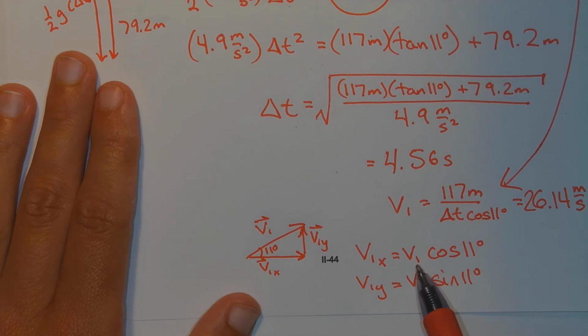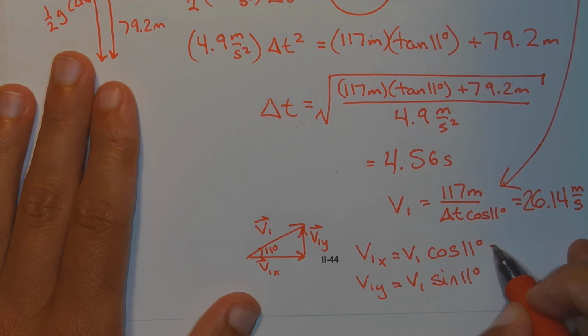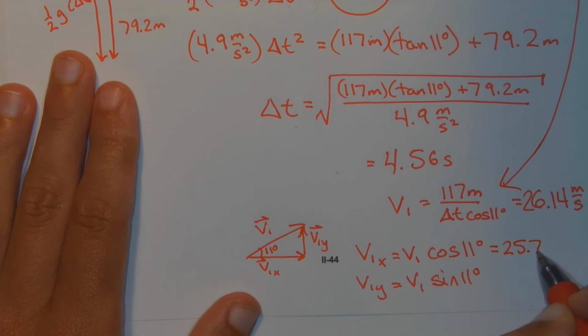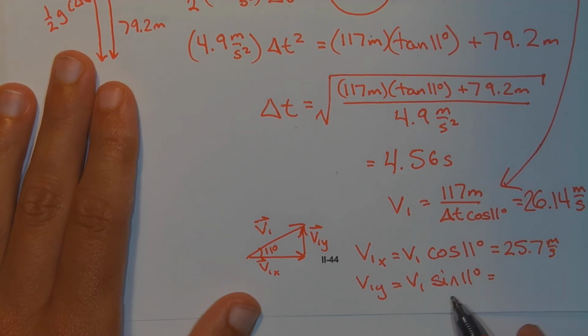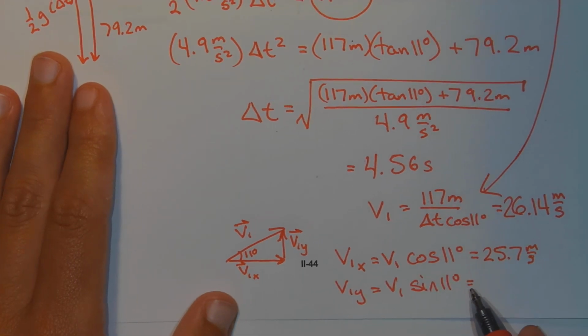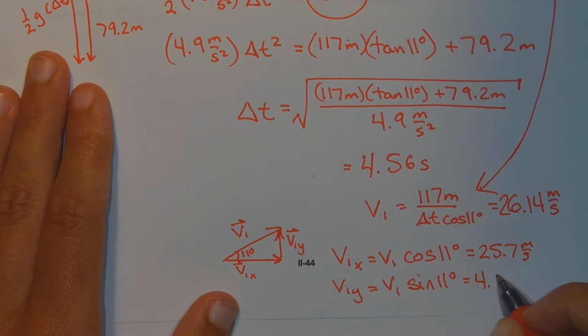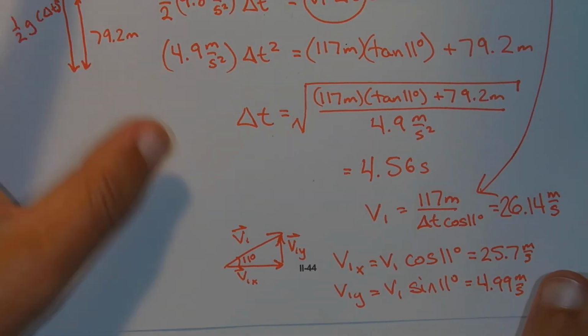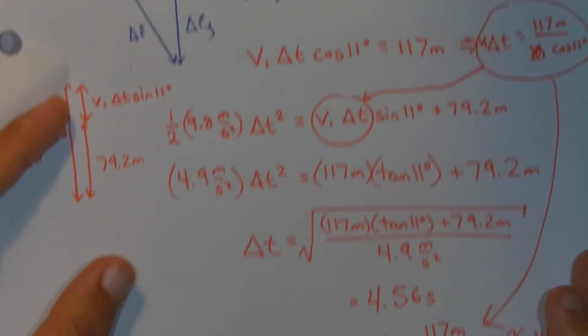So v1 times cosine of 11 degrees, that's 26.14 times cosine of 11 degrees, and that gives me 25.7 meters per second. And v1 times sine of 11 degrees is 4.99 meters per second. Those are both positive, positive x direction, positive y direction.